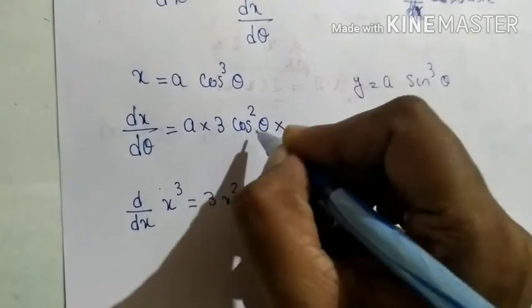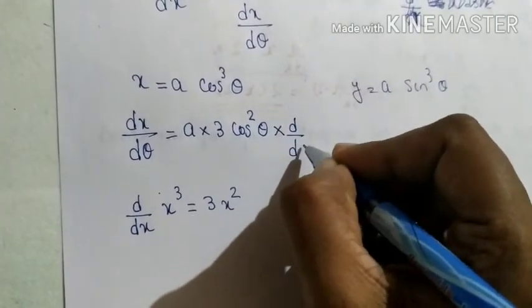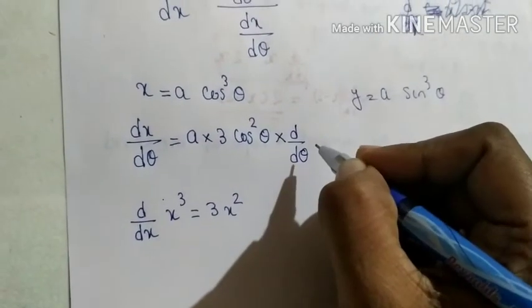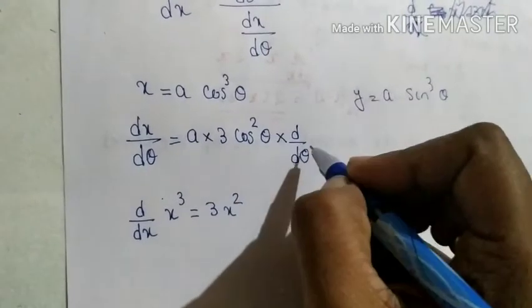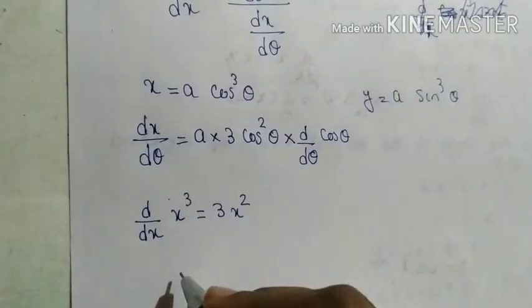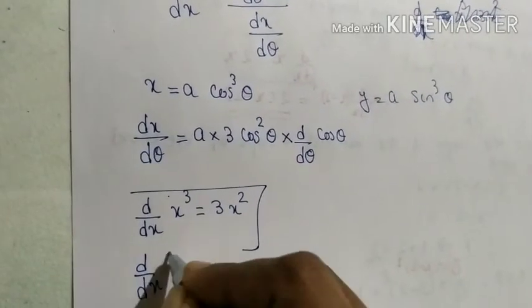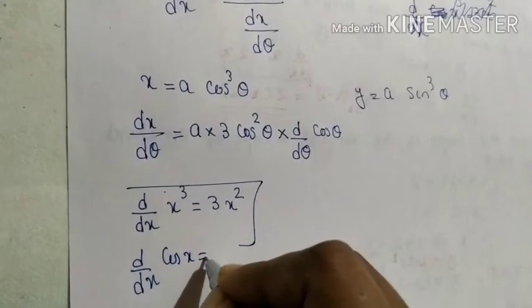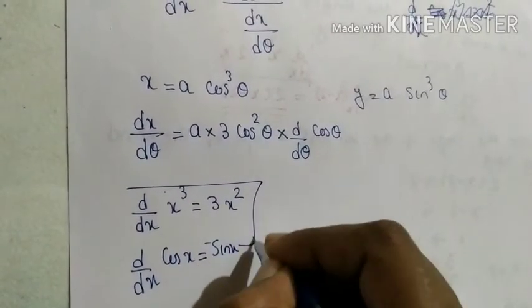into cos theta is another function, so by using the chain rule we need to write the derivative of cos theta here. We know that the standard derivative of cos x is minus sin x.